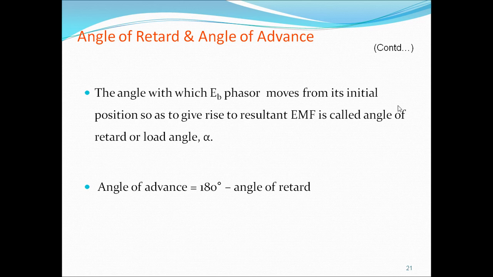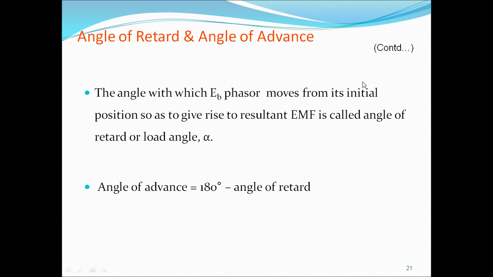If the load increases further, then also alpha increases, then resultant EMF ER increases, then armature current increases, then torque increases. This torque supplies the required torque. But if the load increases further, then a time comes when no value of alpha can satisfy.